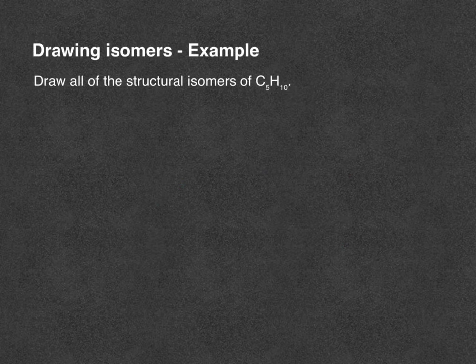So now we're going to look at how we go about drawing isomers if we're given a molecular formula. So for the formula C5H10, we're going to draw as many isomers as we can. And to do so, we have to figure out how many units of unsaturation are present.